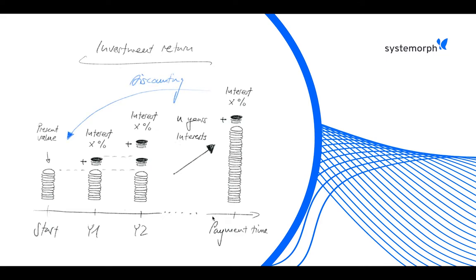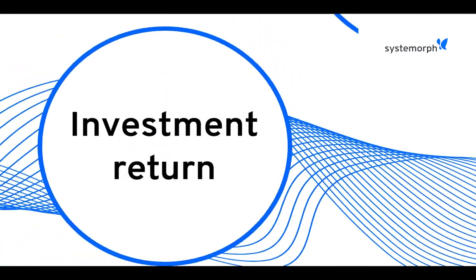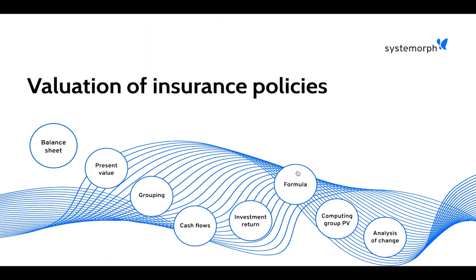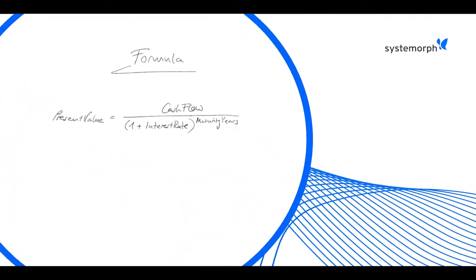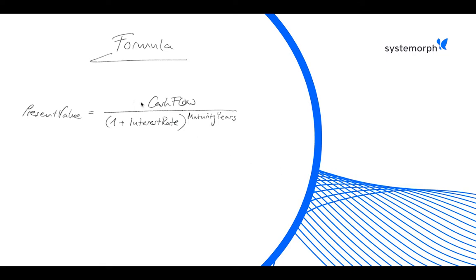The inverse, to identify the present value from the payment amount in the future, we discount the nominal cash flows with the risk-free interest rate. Present value can also be expressed in a formula. This formula is written as follows. We have the cash flow divided by 1 plus the interest rate to the power of maturity years.